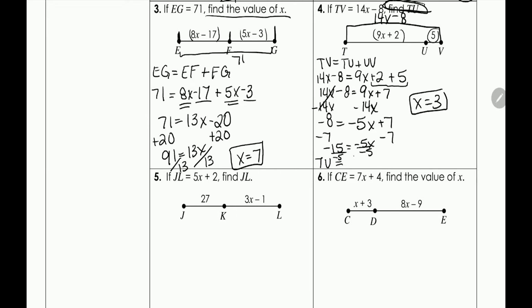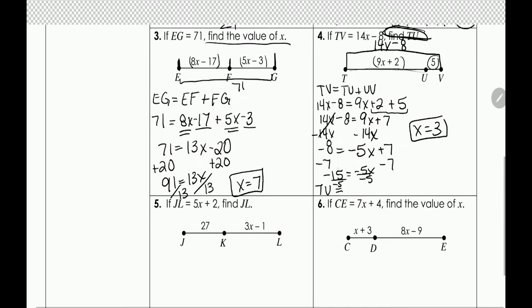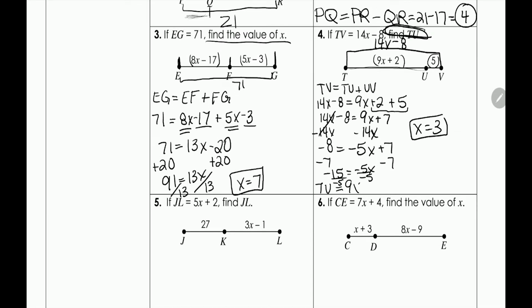So now that we have x is equal to 3, we're going to look at this down at the bottom here to figure out what TU is. So we said that we need to figure out what TU is in order to solve the problem. Well, we said right up here, from T to U is 9x plus 2. So if we have 9x plus 2, we just have to replace x with this 3 because we know that's what the value of x is.